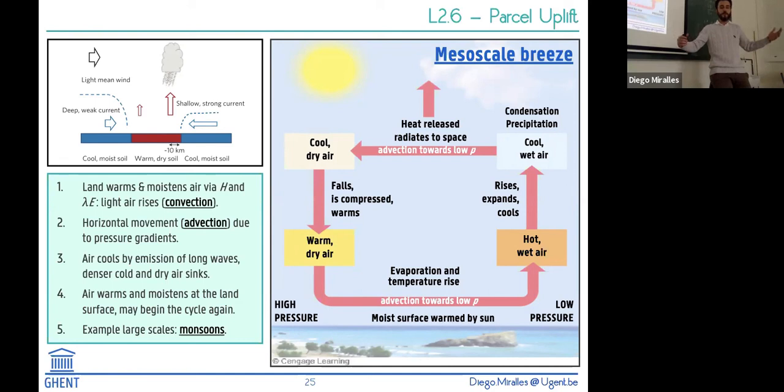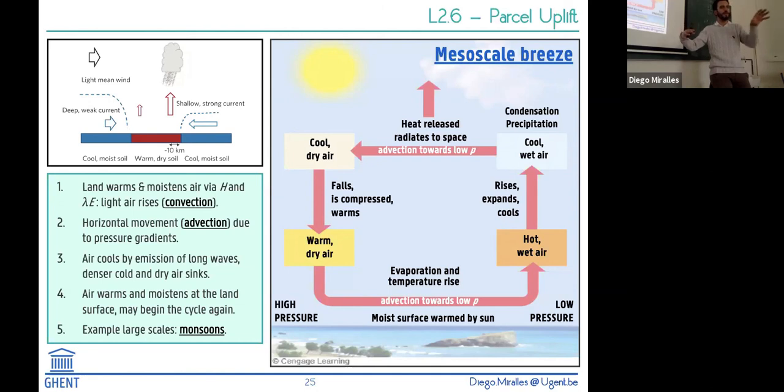If you want to think in terms of physics, that air that is being warmed up and moistened is actually leaving. And as it leaves, it generates a low pressure here. And because winds form as a pressure gradient force, essentially the winds move the air from regions in which you have high pressure to low pressure.